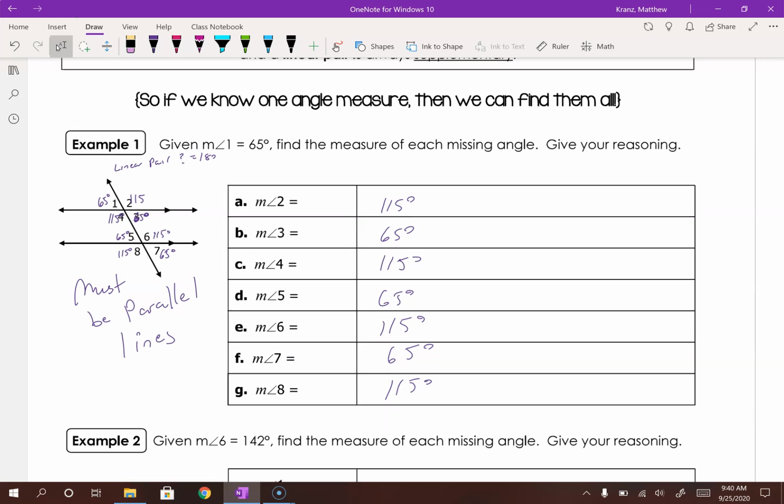So now, it wants you to find the measure of each missing angle and give your reasoning. Well, basically, angle 2, well, that's a linear pair. So LP is linear pair. Same side interior.